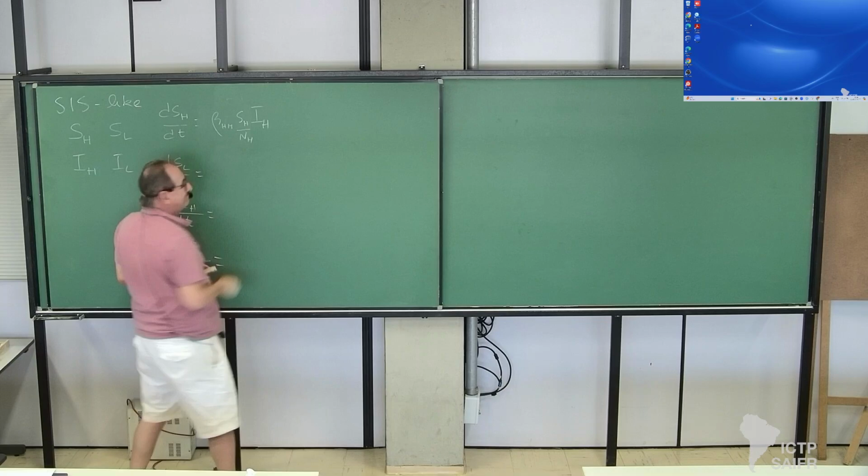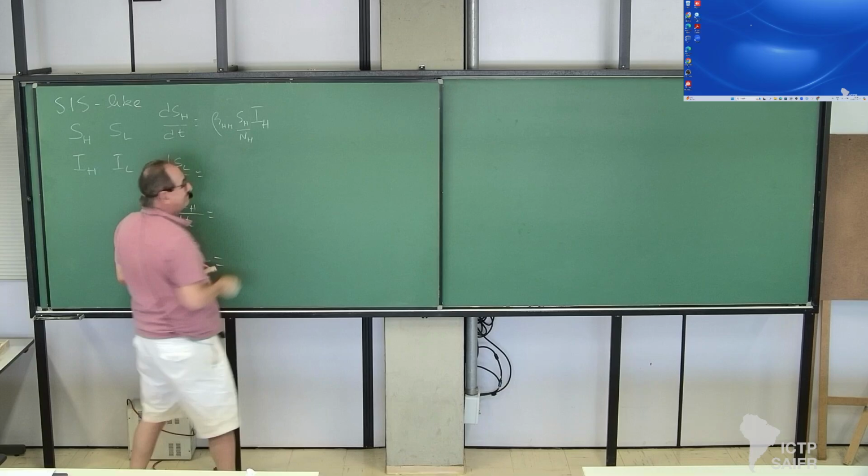So with a minus here, okay? And then you can also get infected with a contact with a low risk infected person, that will be beta_HL, which is S_H over N_H times I_L.